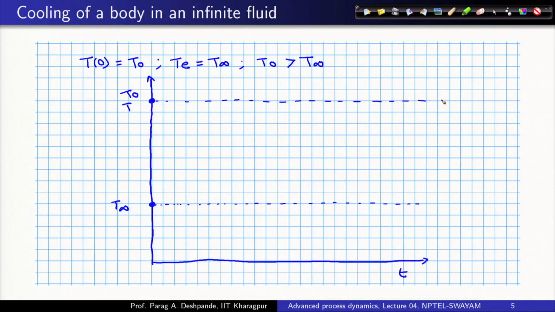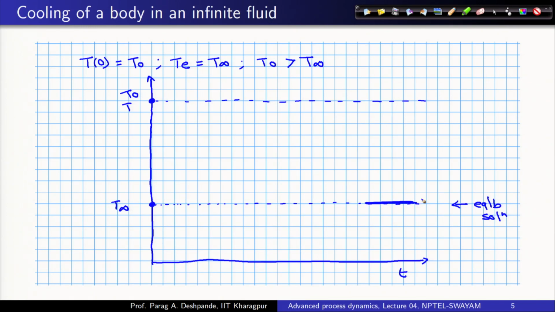So, all of my phase lines will lie between these two extremities only. Okay. Fine. And then what I see is that since T E is T infinity, this is my equilibrium temperature, this is my equilibrium solution rather. So, as t tends to infinity I should reach here. So, asymptotically I should have this solution.